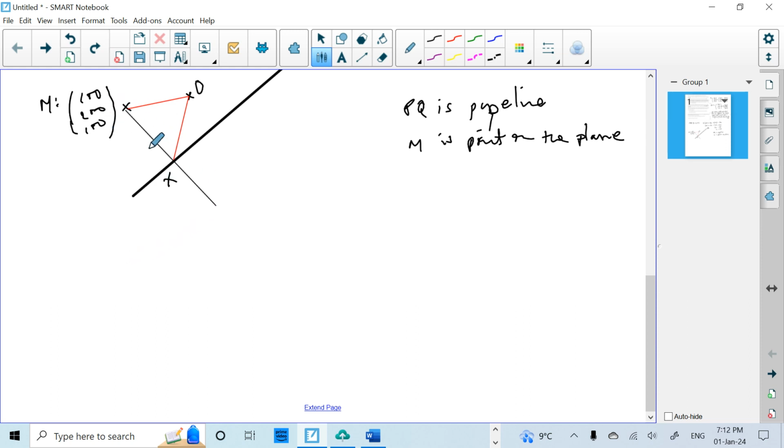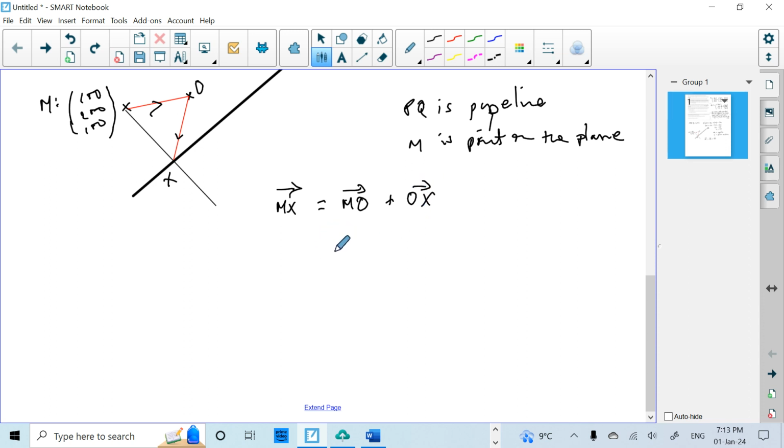GCSE vector MX: if I go to MO, and then from MO to OX, I'm going to get MX, the vector. So MX is equal to MO plus OX.